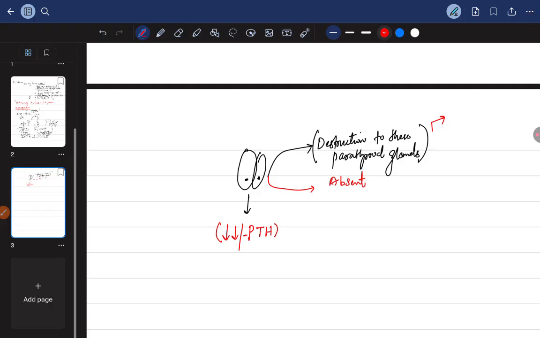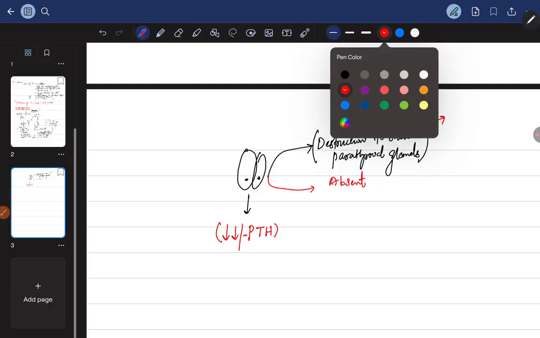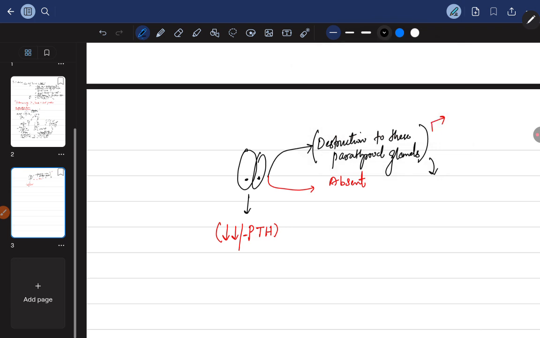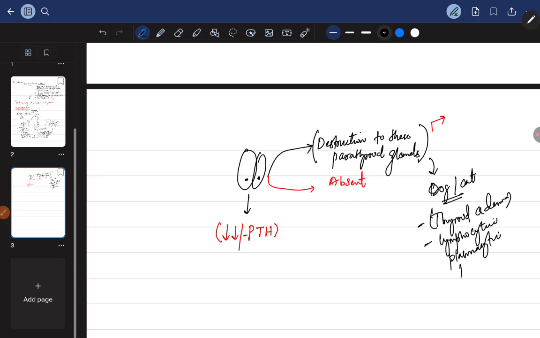Suppose there is a dog or cat suffering from thyroid adenoma, or a dog suffering from lymphocytic plasmacytic thyroiditis.